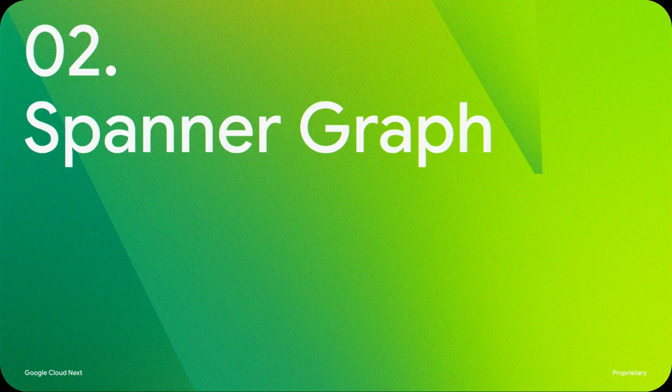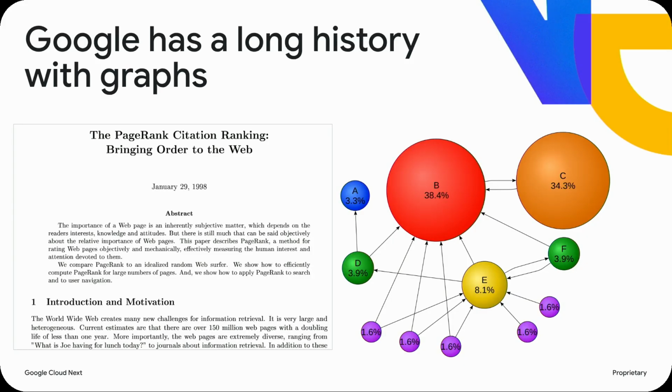In addition, we actually looked into Google internal systems and learned lessons from there as well. If you remember, Google actually has a very long history with graphs. Even 25 years ago, our company founders invented the PageRank algorithm. PageRank is actually a graph algorithm. It projects the whole web into a citation graph, where nodes are web pages, and edges are hyperlinks between the web pages.